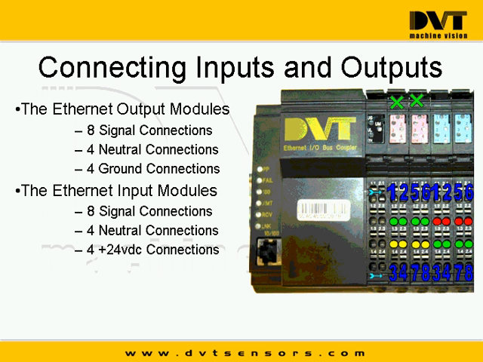The other components, very important to understand about the output modules and the connections you're going to be making, are your neutral connections. On the output modules, I want you to notice that they're labeled green, you see here, and they're on the top half of the connections. While your ground connections, you have 4 of them, are on the bottom half of the output modules.